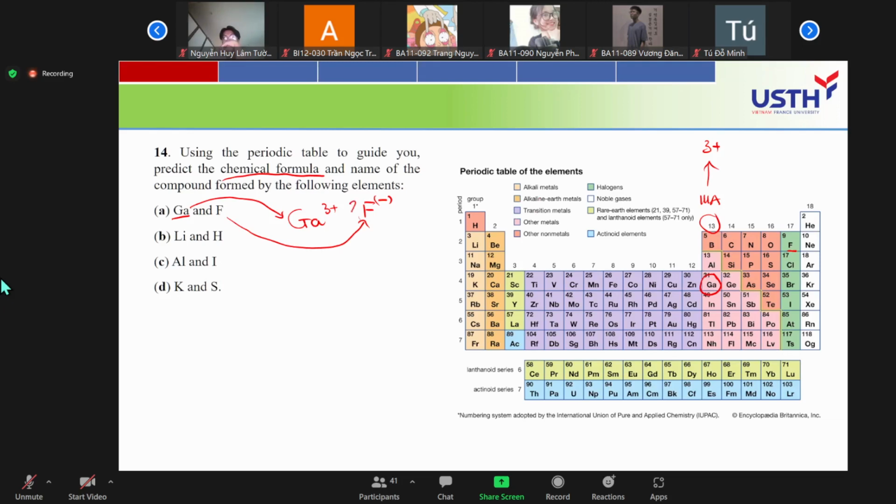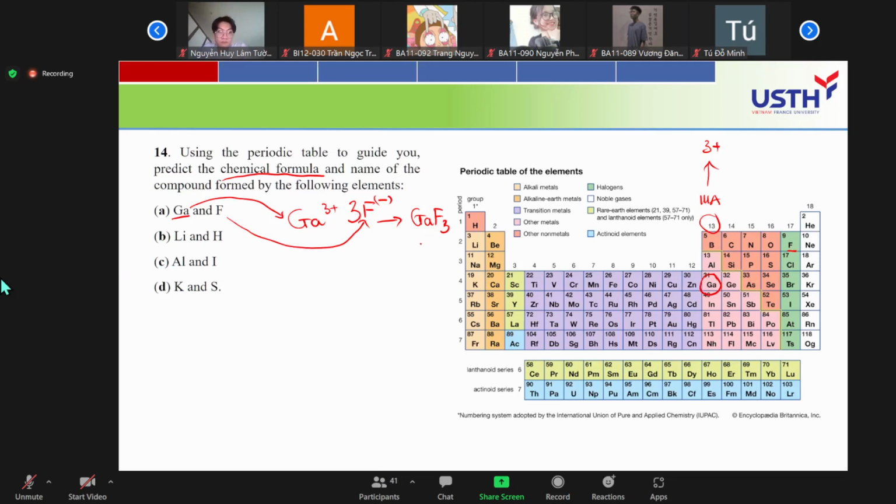So gallium will attract 3 fluoride, and this will form a compound with the structure gallium fluoride, GaF3. This is the way for you to define compounds that come from different elements.